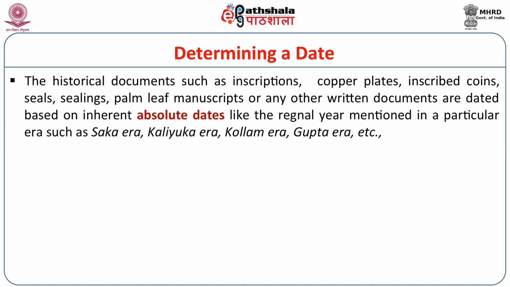But all these inscriptions and copper plates or inscribed potsherds or seals and sealings sometimes may not carry the king's name. They may carry some other social evidences. So for copper plates which do not have an inherent dating system, normally we go for some other dating method.